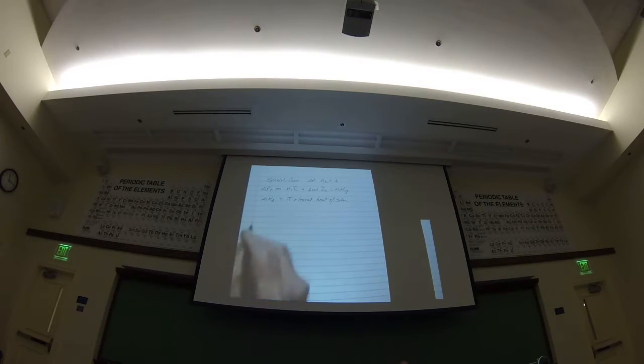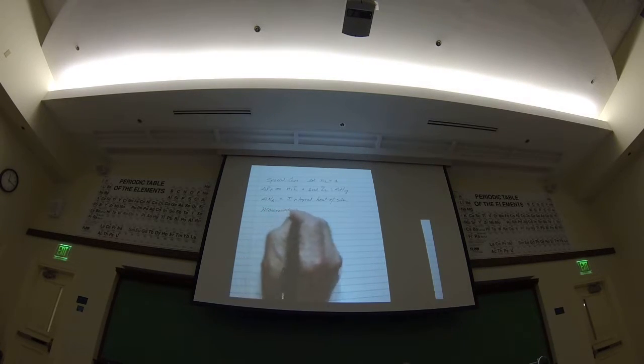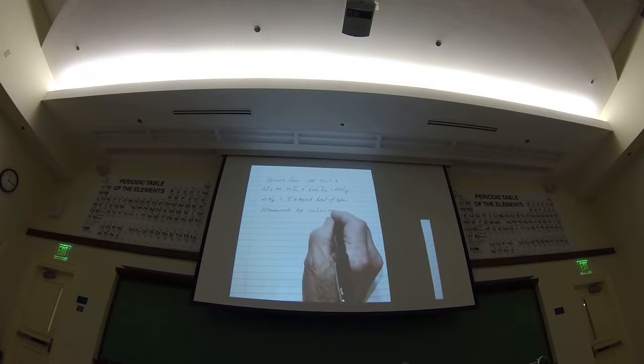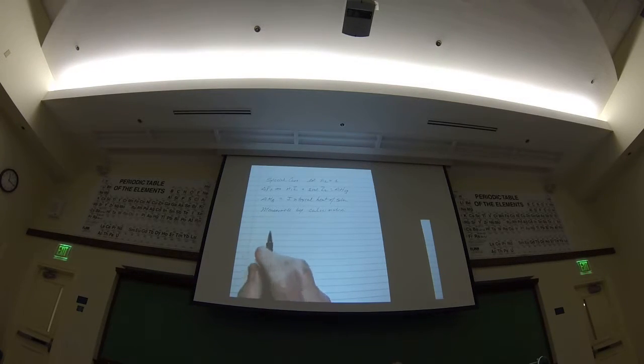The nice thing about this is it's measurable by calorimetry. You go to the calorimeter, whatever proportion you are at, and reduce the data to effectively 1 mole of solute and measure the heat of solution.